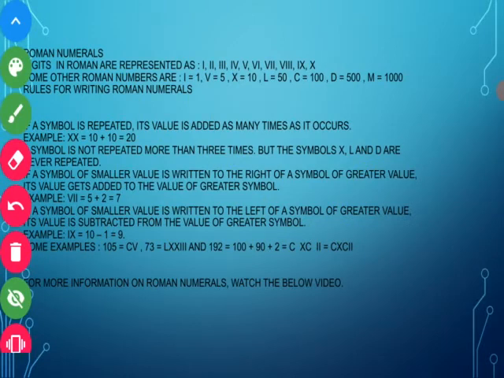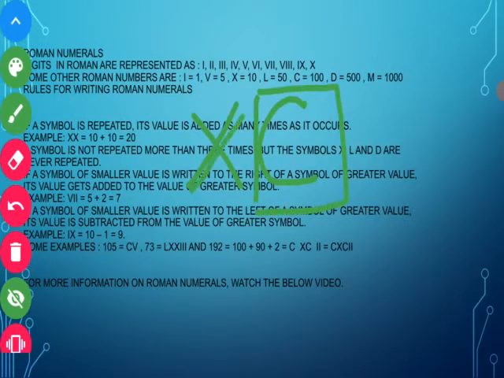If a smaller symbol is written to the left of a bigger symbol, suppose I write XC, so C is a bigger number, and a smaller symbol is written before it, then we have to subtract the smaller number from the bigger number. So from 100 we subtract this 10.